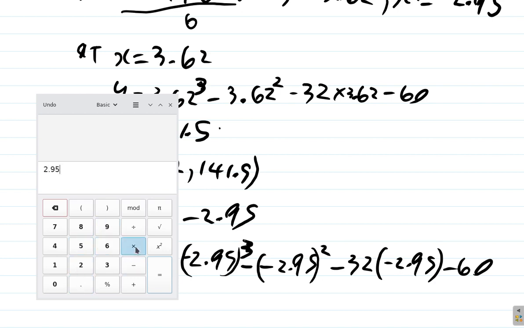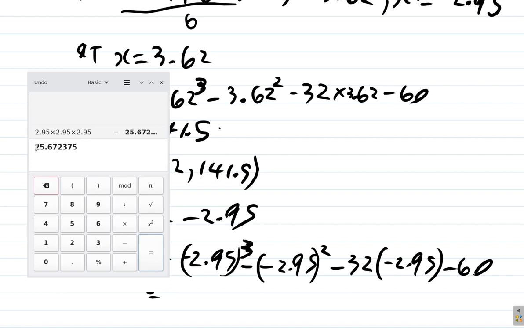2.95 times 2.95 times 2.95 gives us that, and it's a negative. Minus 2.95 squared is going to be positive when you square the negative. It's 2.95 squared is that.